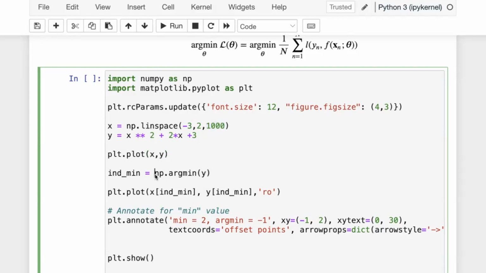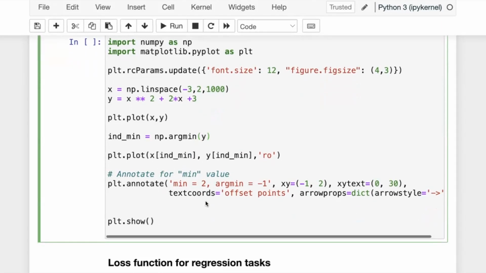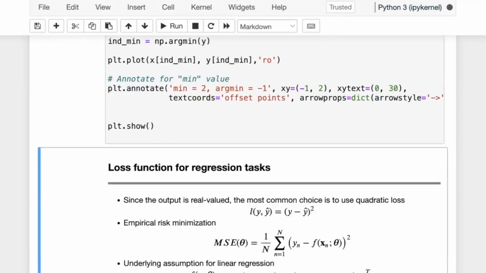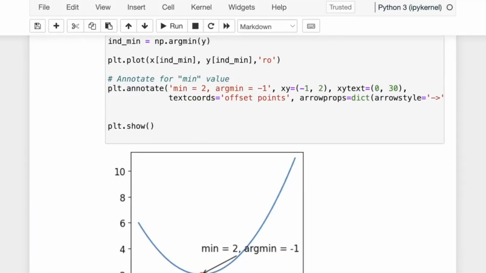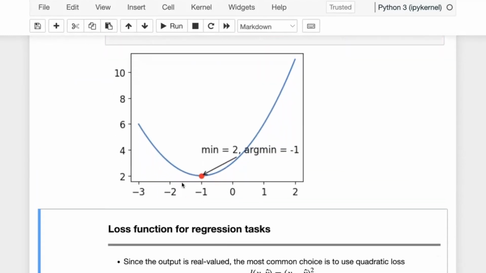We're going to use np.argmin to find the index for the minimum value. And using this, now we can plot where the minimum value is. Also, we're going to use plt.annotate to annotate our label and show exactly where the minimum value is. So if I run this cell, you can see that, as we expect, this is our function.